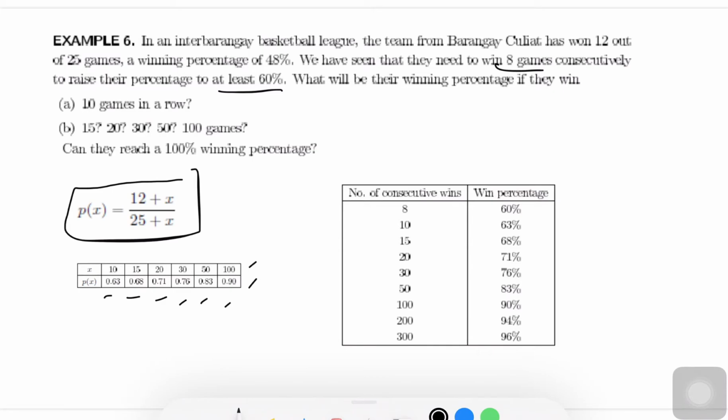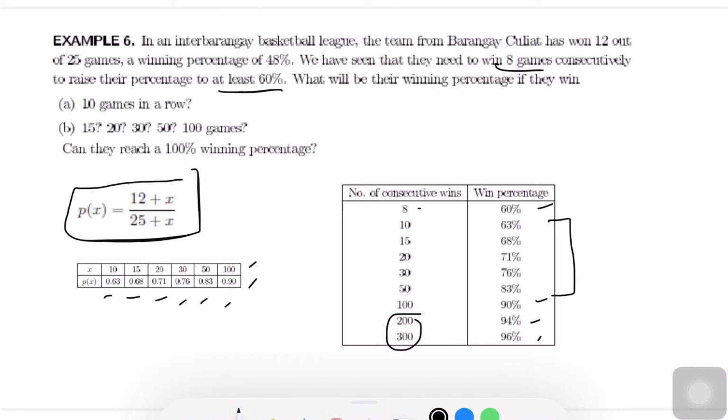Using a table, from our previous topic, if they have 8 consecutive wins, that is at least 60%. Then copy to the table, you have here 90%. Then if you substitute 200 and 300, we will have 94% and 96%. So the answers for your A and B will be this.